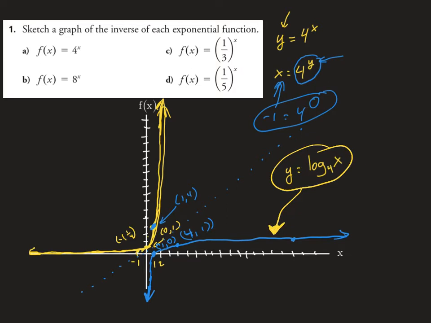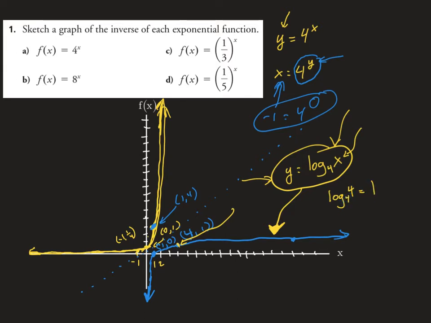So the log, if I let x right here be 4, we can say the log of 4 to the base 4 is equal to 1. This equation is basically asking the question, 4 to the power of what will give me this x value? So if the x value is 4, 4 to the power of what gives me 4?